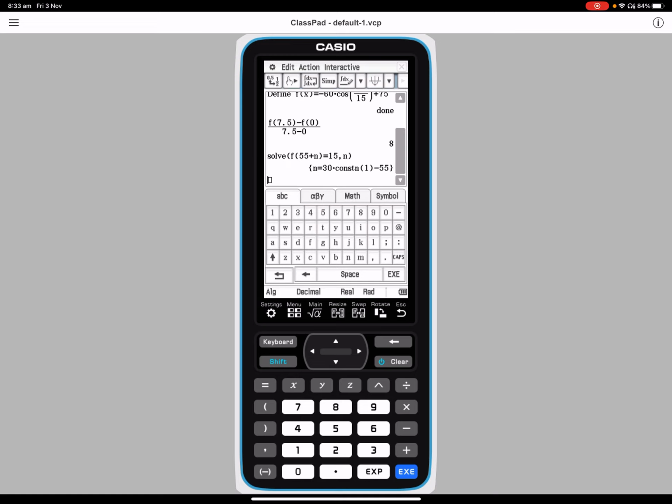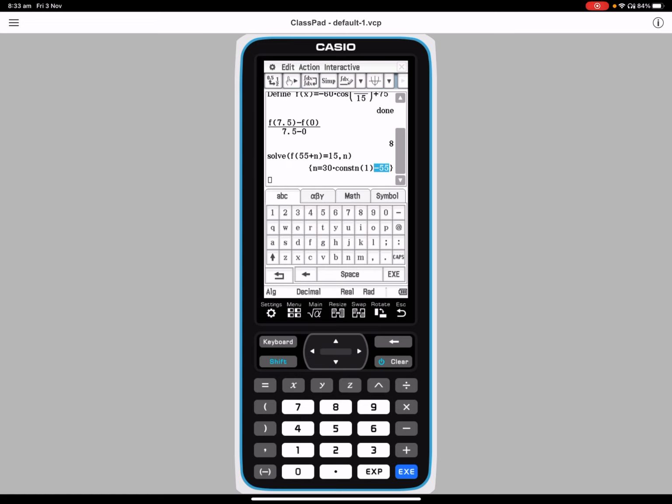Okay, 30 constant n minus 55. So minus 55 plus 30 times a constant. Or if you think about it, minus 55 would be the same as 5.